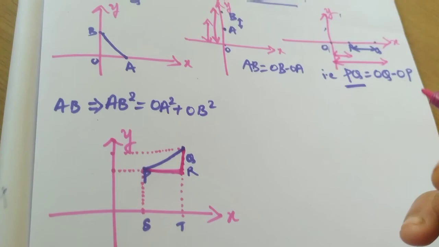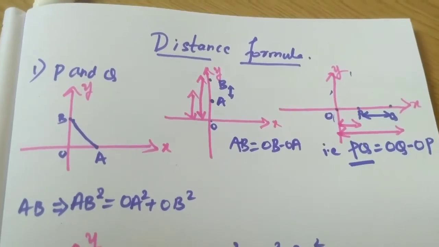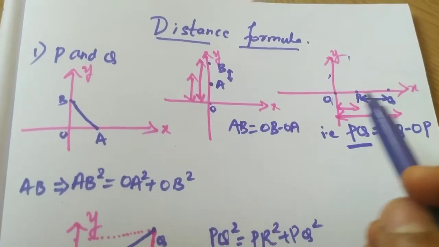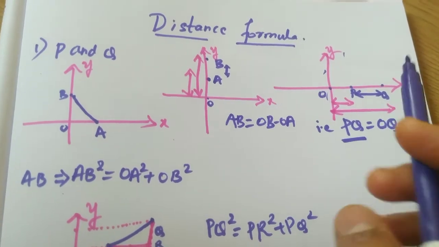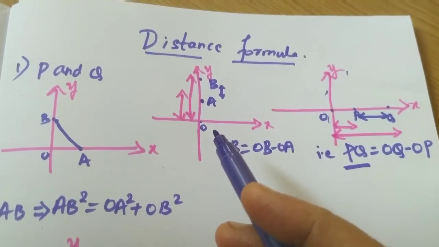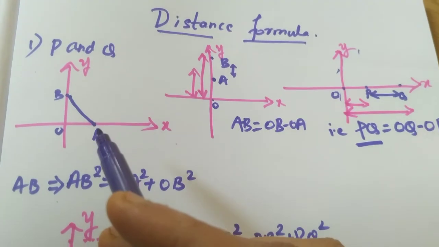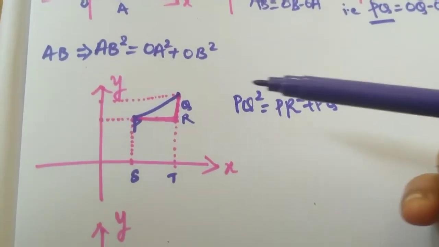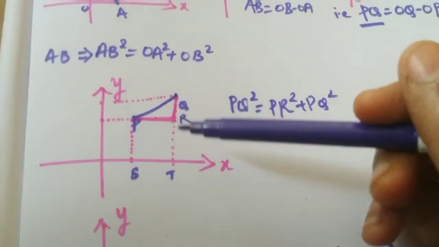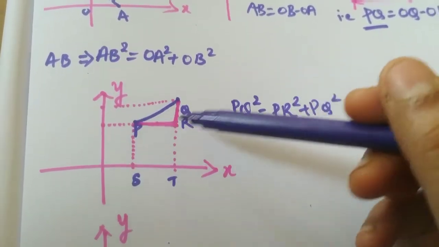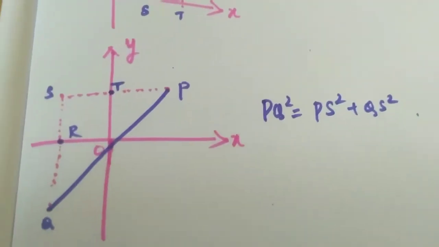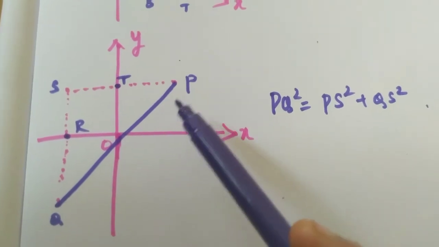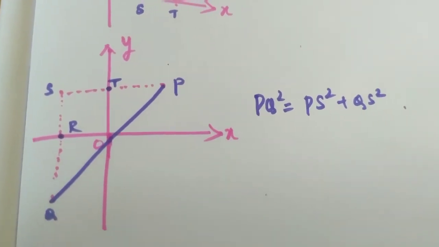So you have seen the different cases: on x-axis how to find the distance, on y-axis how to find the distance, points joining x and y-axis how to find the distance. Points are nowhere related to x and y, but still we can find the distance. And points are in two different quadrants where you can find the distance between the points.